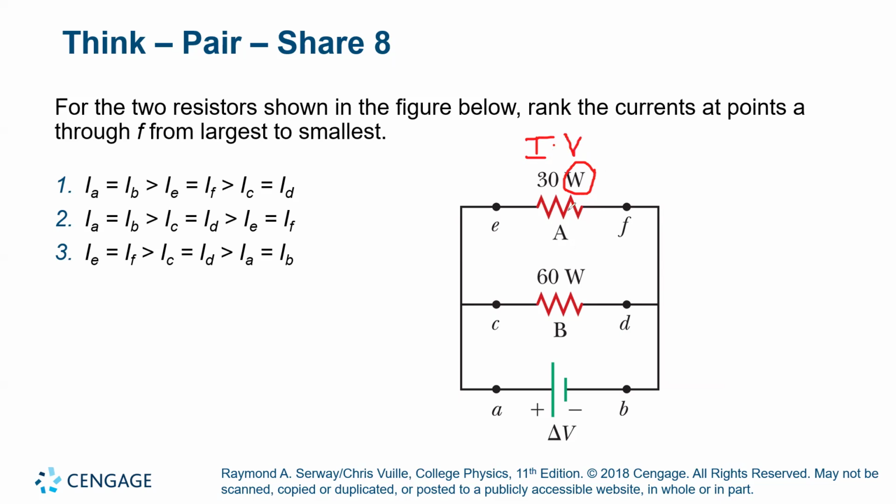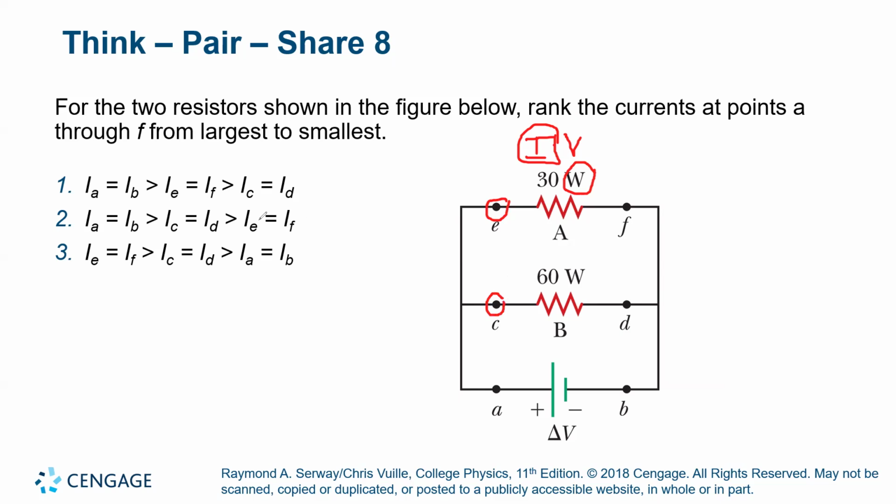So if I'm getting 30 watts out of this resistor A, and my voltage that's seen across it is going to be the same. Notice that the battery is giving the same energy difference to both ends of these resistors. That means the only difference can be in the current, and therefore the current at E is half the current at C.